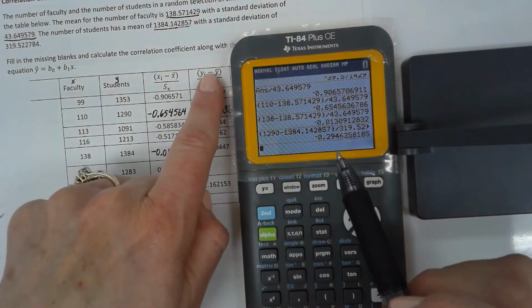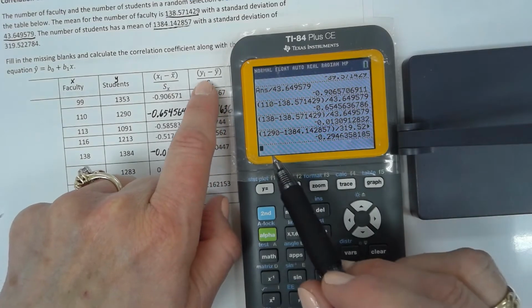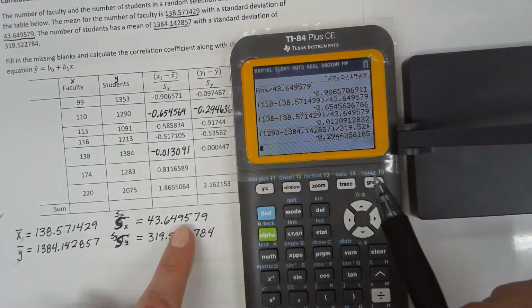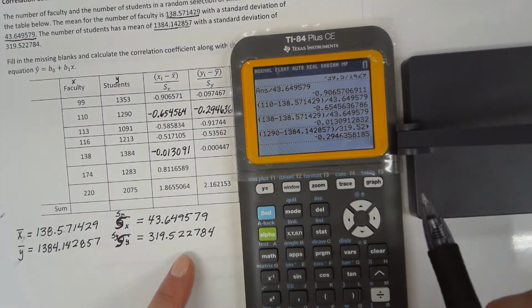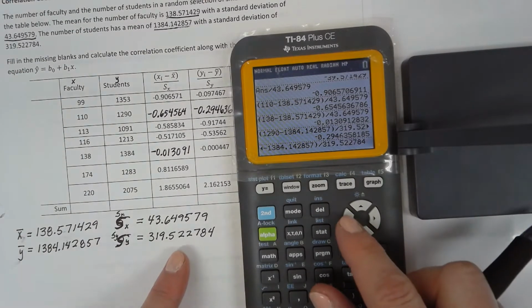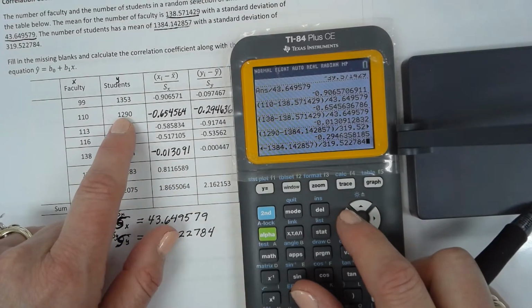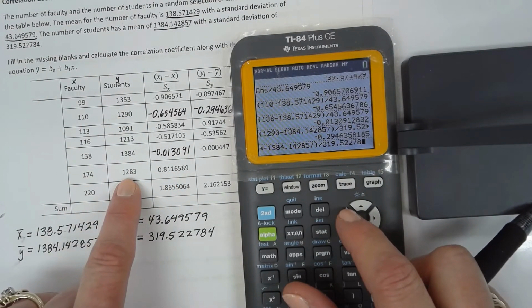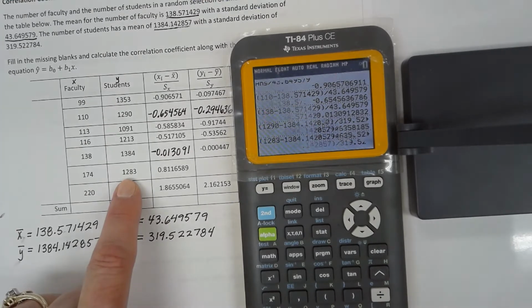So if you put it just the way they have it in that top column up there, with parentheses around the y minus y bar, and then divided by the standard deviation, then you can do the second entry. In the bottom corner, you can just go in, use your arrow key, and change the 1290 to 1283. And then press enter.